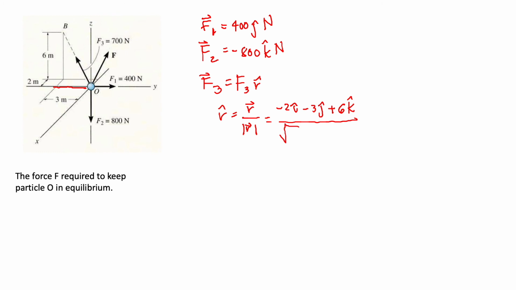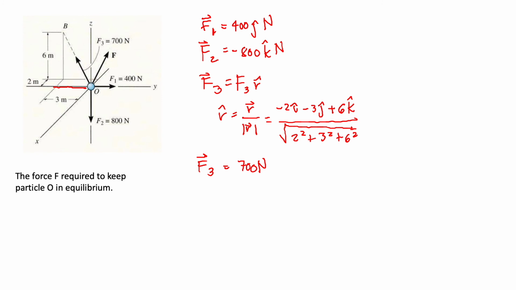To get the magnitude of that vector, that's the square root of 2 squared plus 3 squared plus 6 squared. Now F3 is equal to the magnitude of F3, which is 700 newtons, times this r hat unit vector.